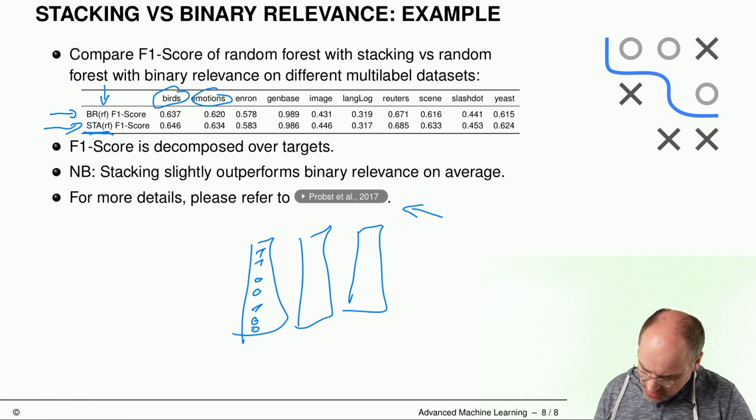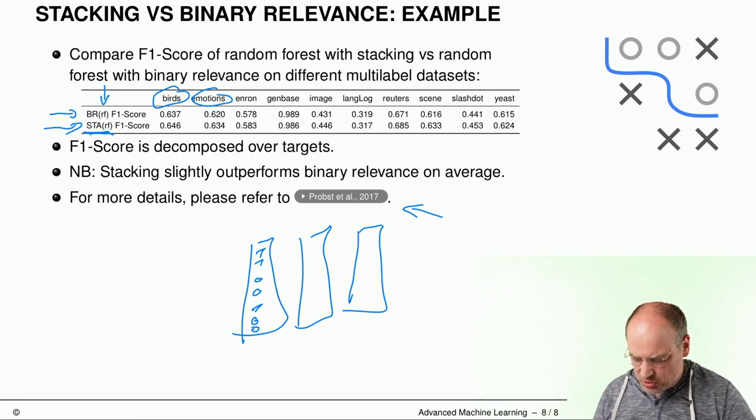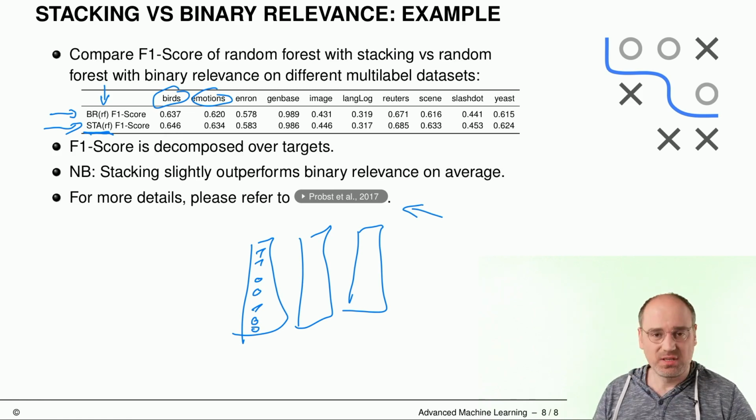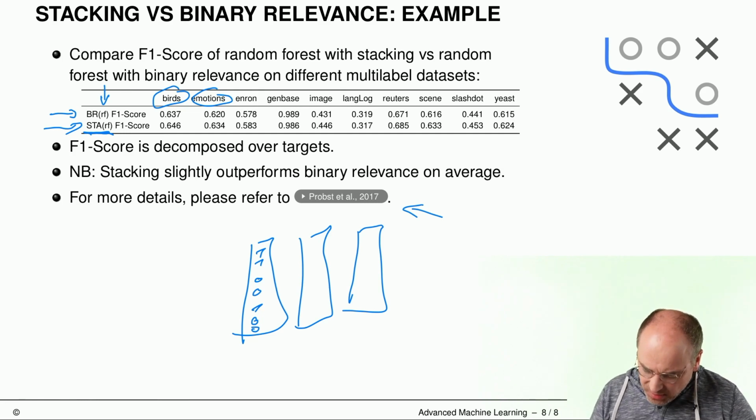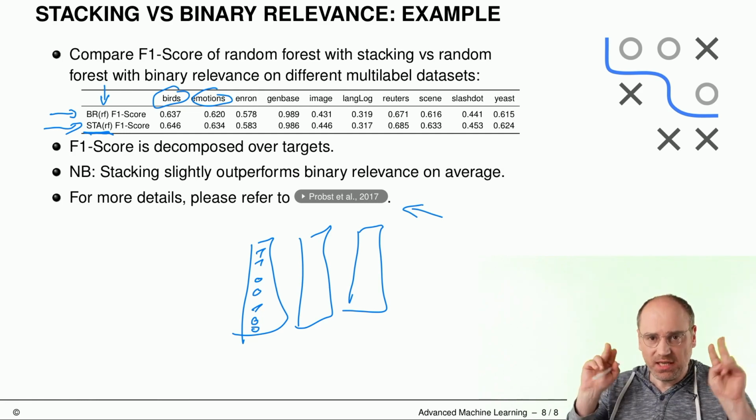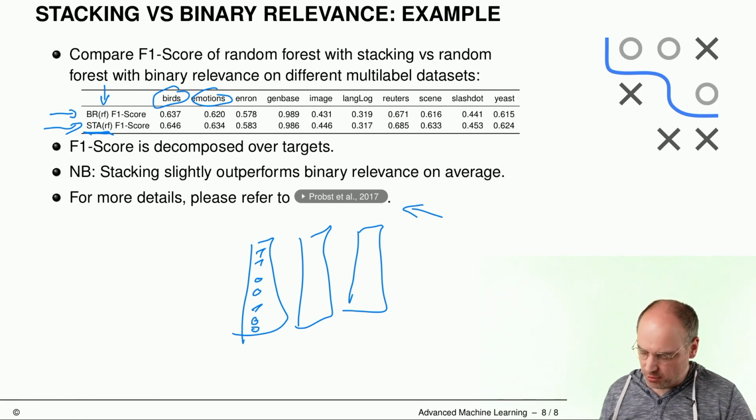And we can now look at the difference on these individual benchmark sets. What you can see is, I would say, quite a typical result. This stacking approach, which potentially can exploit these dependencies between columns, does fare a bit better than the quite naive binary relevance approach, but the differences are not super large.